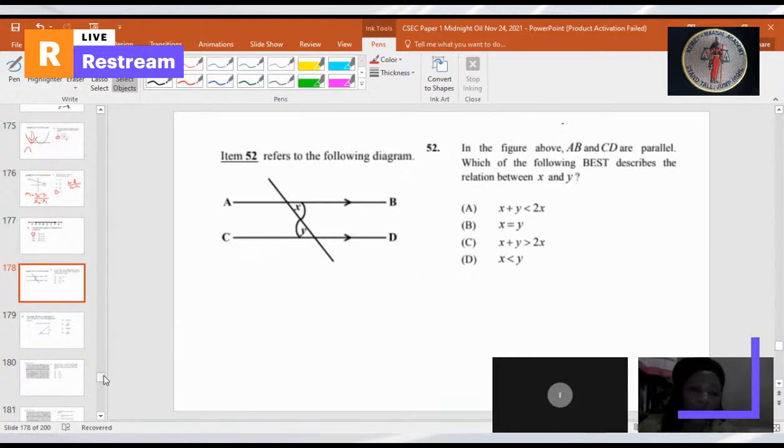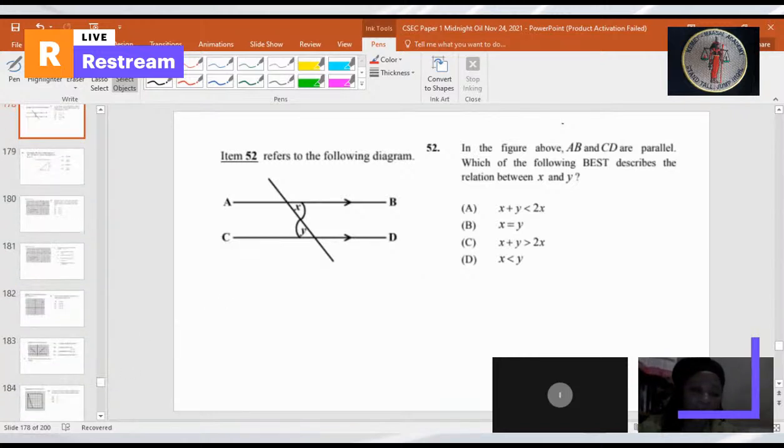Imani, B? Okay, miss. B. So AB and CD are two parallel lines.